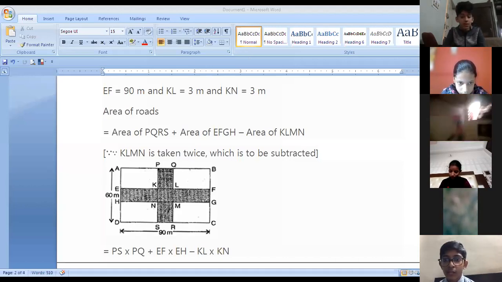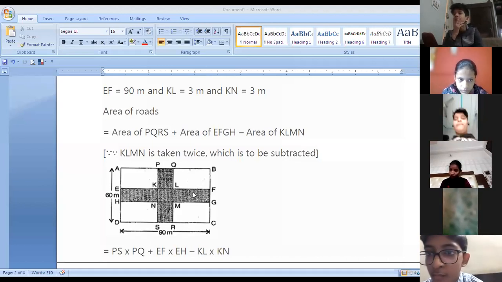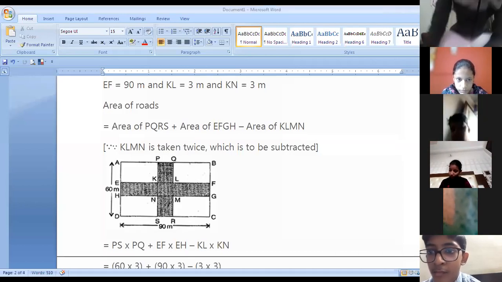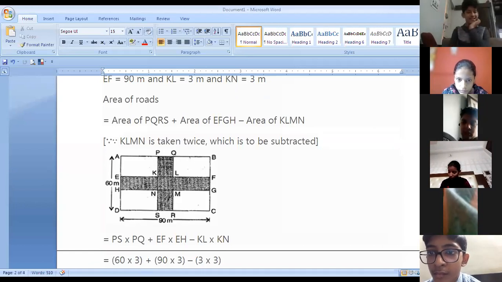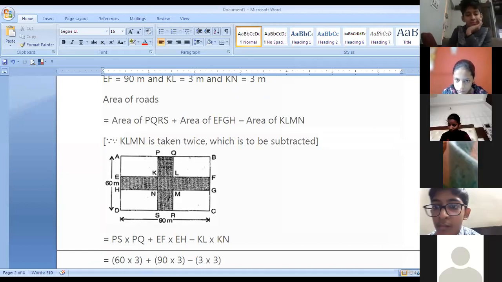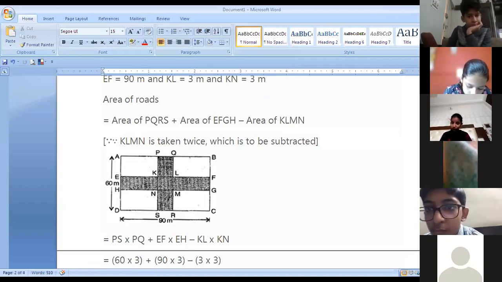Here only the measurement of length and breadth is changed. 90 meters will be EF and PS will be 60. Take 60 into 3, 90 into 3 and 3 into 3. Start solving it, children.